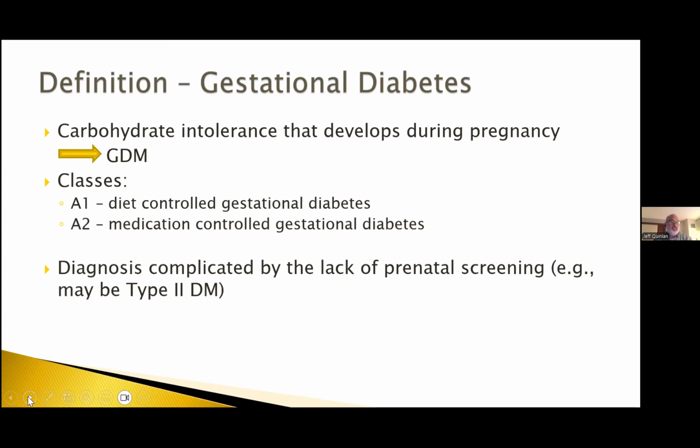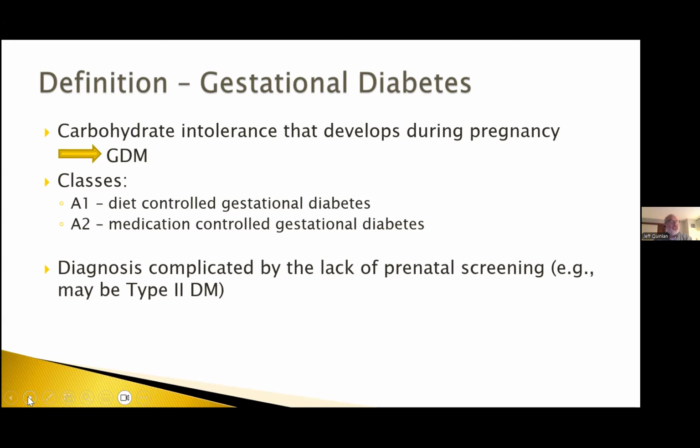Every woman has some level of this during their pregnancy, and it's just a matter of whether or not it would reach that threshold of becoming gestational diabetes or not. There's typically two subclassifications that we use. A1 gestational diabetes are the patients that are diet controlled and don't require any medications. And then A2 diabetics are those that we end up ultimately needing to start medication for.